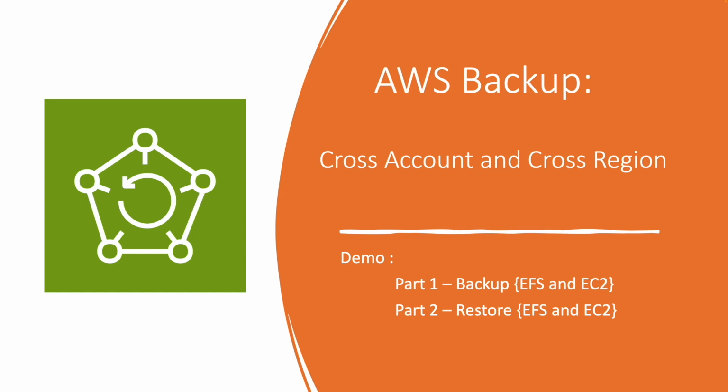The main key benefit of AWS Backup is its integration with various AWS services. We can seamlessly back up and restore data from services like Amazon EBS, EC2, RDS, DynamoDB, FSx ONTAP, FSx for Windows, or EFS.